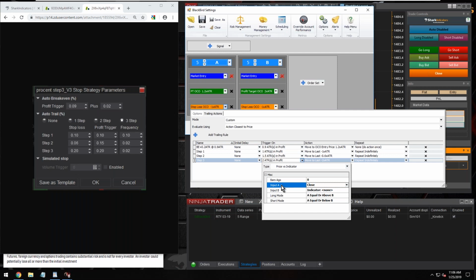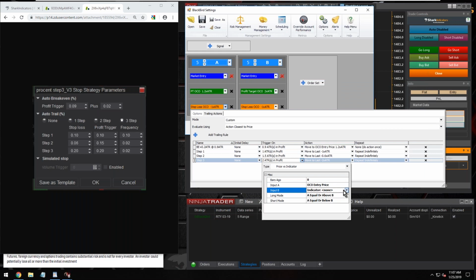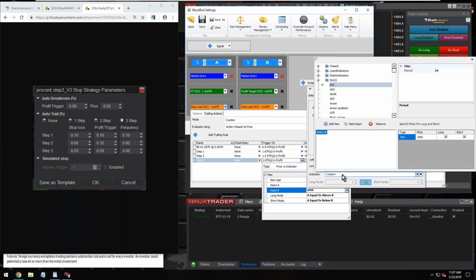So we can set input A to our entry price, and then input B would be your custom indicator to calculate percentage. And so that could go down in here.